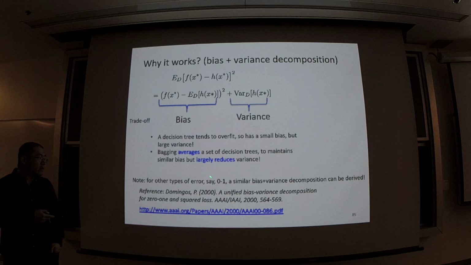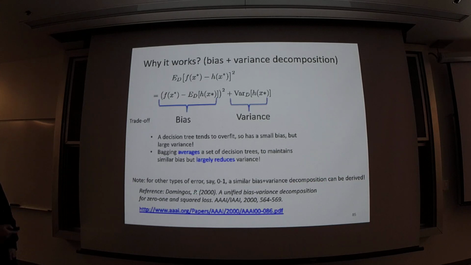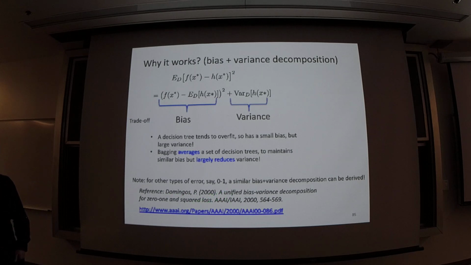For other types of errors, say 0-1 error, a similar bias-variance decomposition can be derived. You can see the pioneering paper by Domingos, published in AAAI in 2000. If you're interested, take a look. It reveals the same kind of trade-off.